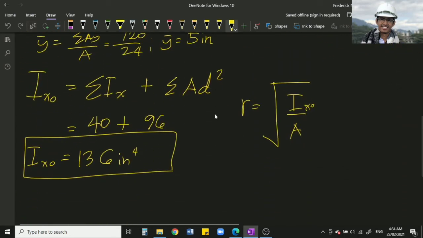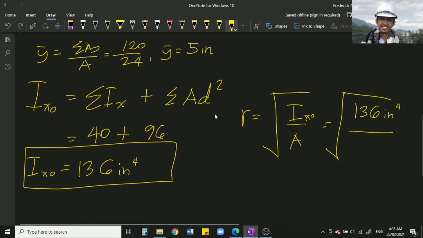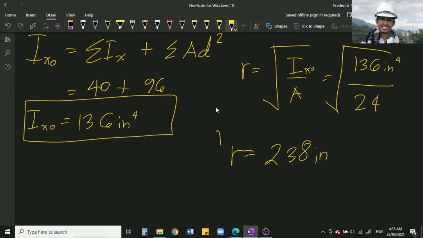So isa-substitute lang natin, so that will be the square root of 136 inch raised to the 4th over ano yung area natin, that will be 24. So radius of gyration will be 2.38 inch. Okay, so ito na yung radius of gyration natin.